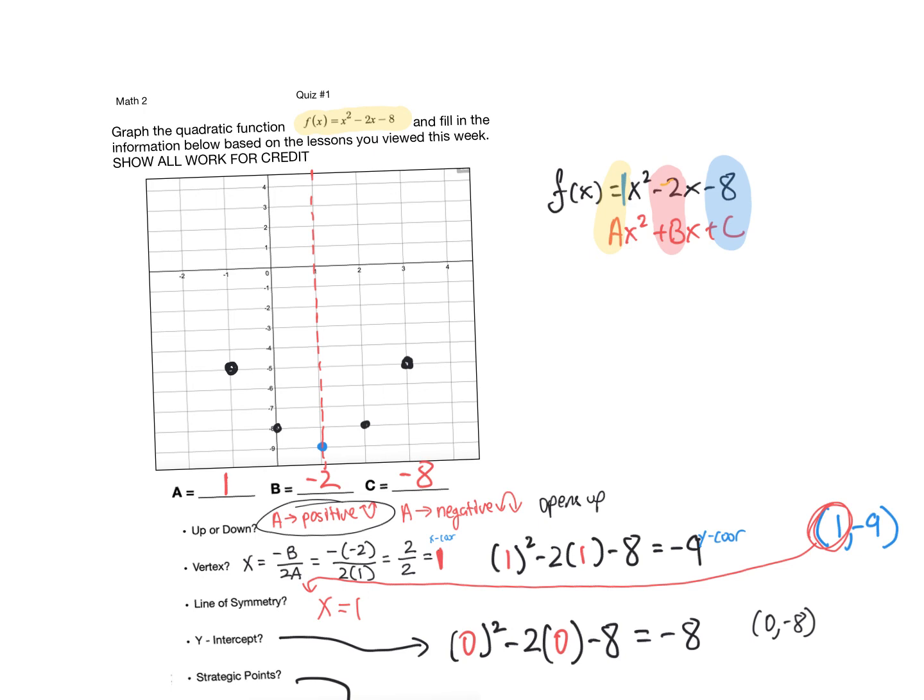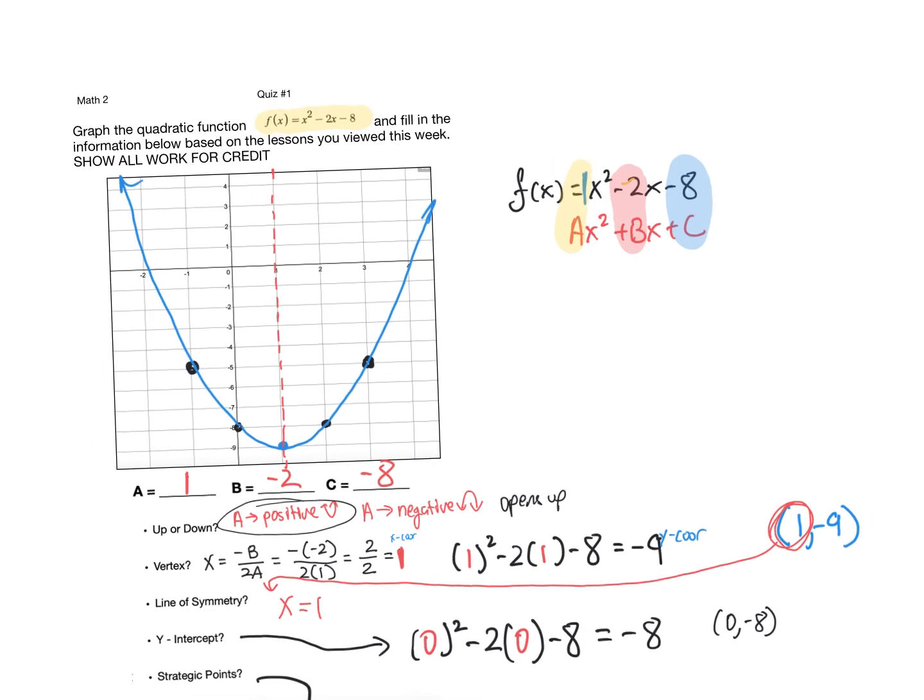Okay, and so now I'm all set to sketch my parabola. I want it to be a smooth curve through all of these, and that's what it's going to look like.